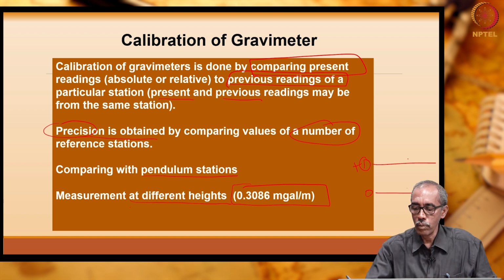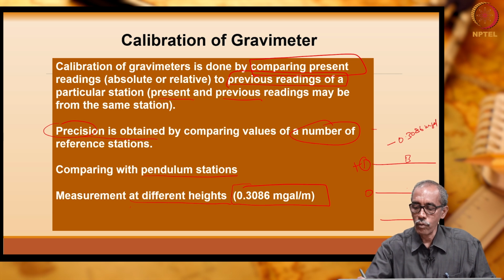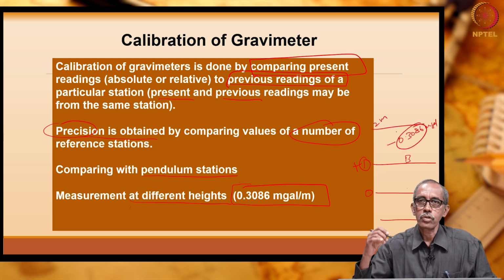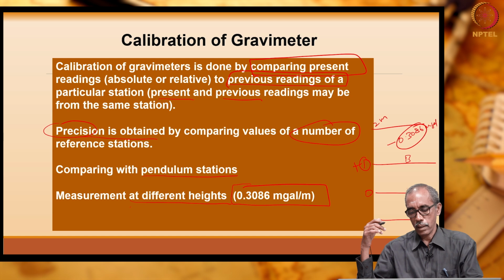When you lift the instrument to +1 meter, the gravity value should decrease by 0.3086 milligal. If you take it to 2 meters, then 2 times of this should be the reduction in the value. So, this is how we can check our gravimeter.